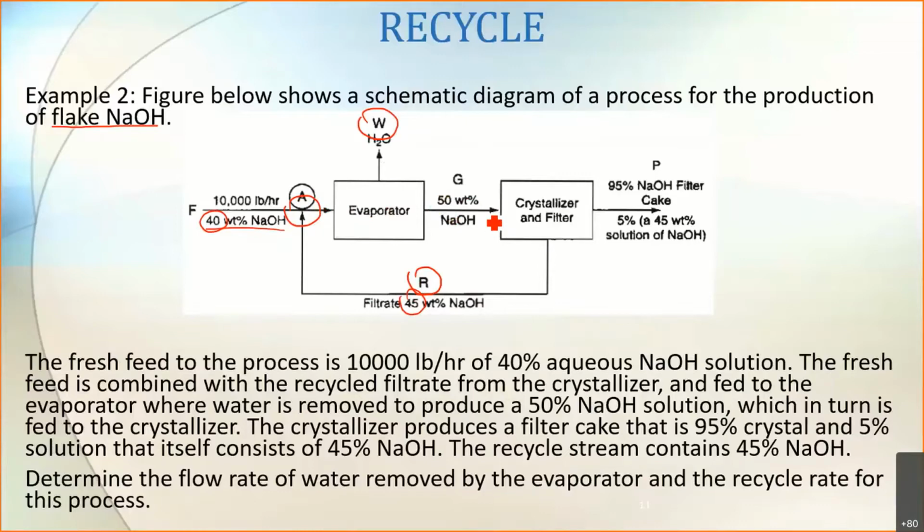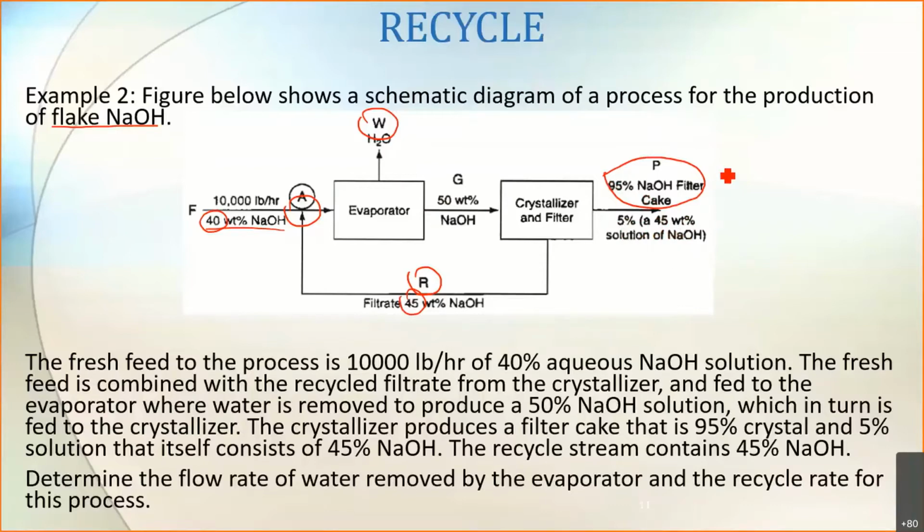After that, you will go to the crystallizer and a filter, where your NaOH filter cake, which is actually your flake of NaOH that is desired, and then the rest 5% is your solution that was not converted into the solid NaOH. So in that 5%, you have 45% solution of NaOH.